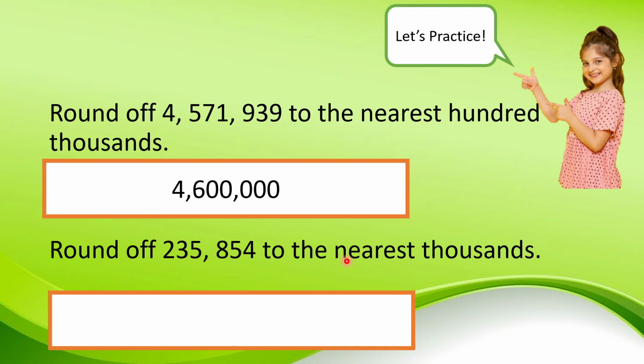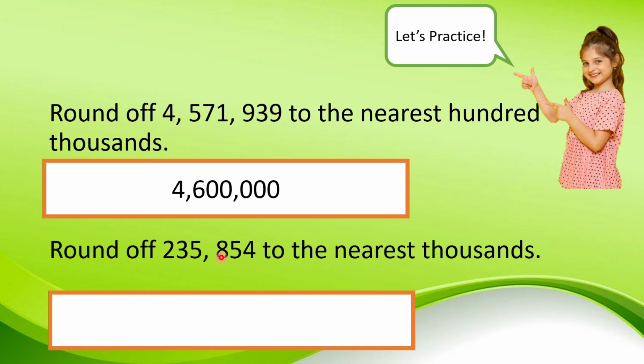Next, we will round off 235,854 to the nearest 1,000. What is the number in the place of 1,000? Ones, tens, 100, 1,000. It is 5. And then what is the number followed by the 5? It is 8.